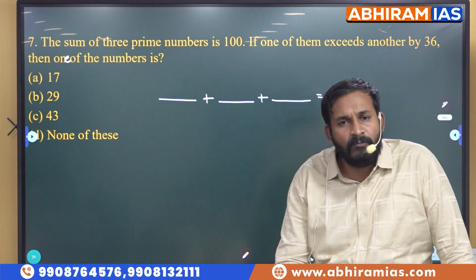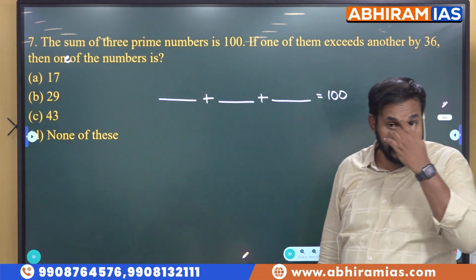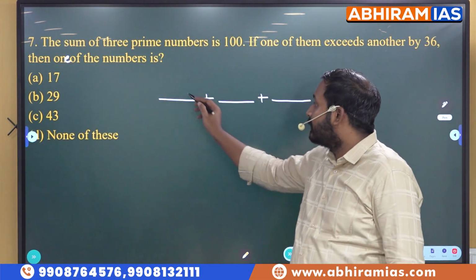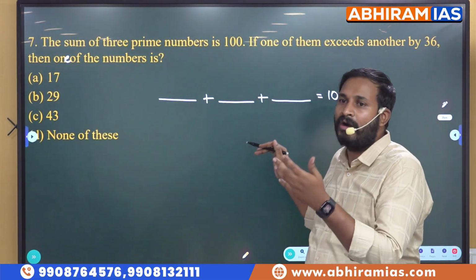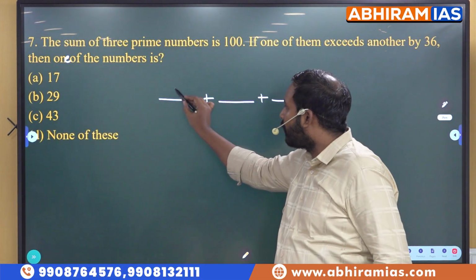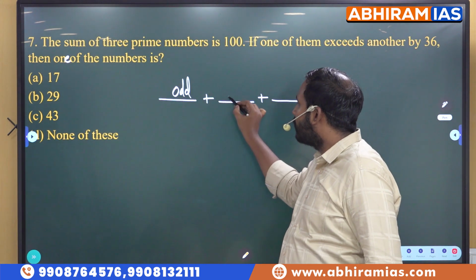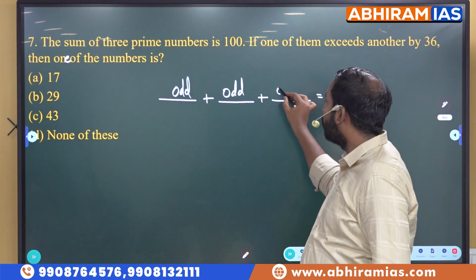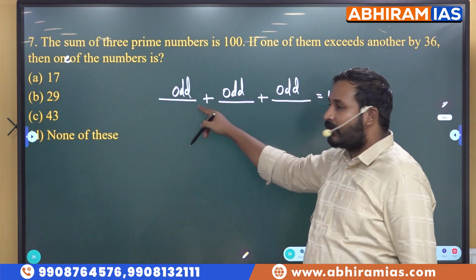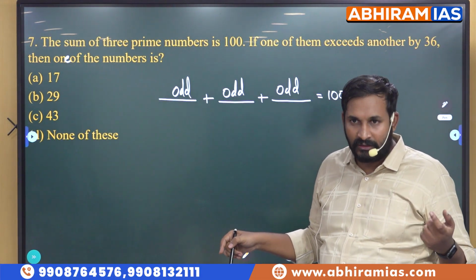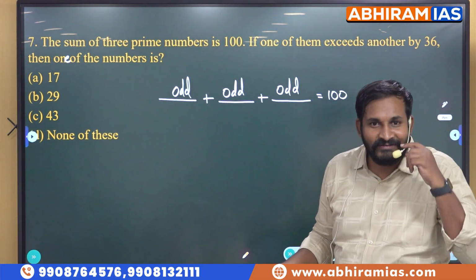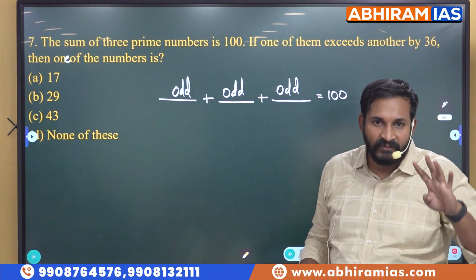Now we will make a simple adjustment. Assume all the prime numbers here are odd prime numbers. So odd plus odd, what will be the output? Even. 1 plus 3, 4.